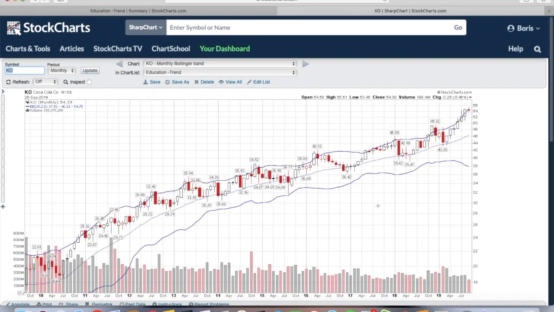Another way to spot an uptrend is to use Bollinger Bands. This is Coca-Cola in a monthly chart. I put the monthly Bollinger Band on the chart. As you could see, Bollinger Band is a very useful tool to help you understand price trading within a band. There is a 95% chance price will trade within the Bollinger Band.